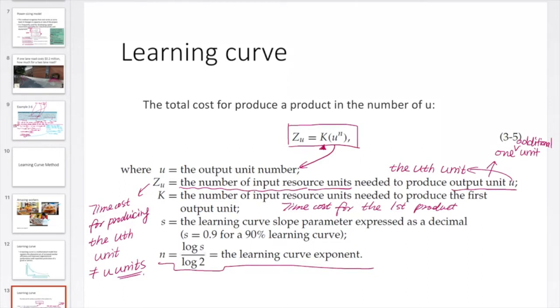It's not always given directly. So to calculate N, you need to use S. S is the learning curve slope, or we can say it's the learning speed or learning rate. Okay, it has different names, and usually it's given. So when S is given, you can calculate N using log S over log 2, and then you plug this N back into this equation.